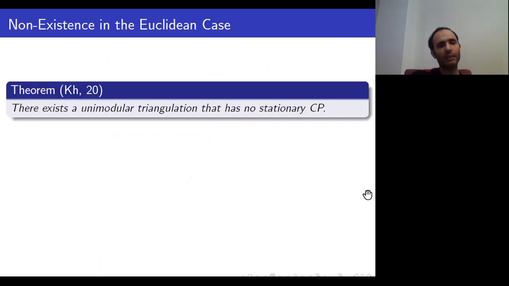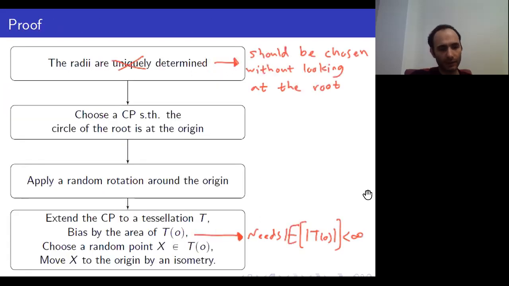What's the problem in the Euclidean case? The first problem is that radii are not uniquely determined because you can scale the circles. But for some graphs, one may still choose the radii without looking at the root. This is enough to go to the third step to have the mass transport principle.